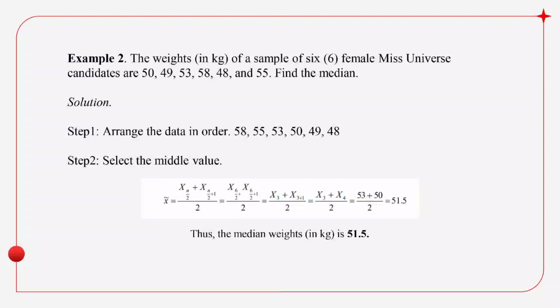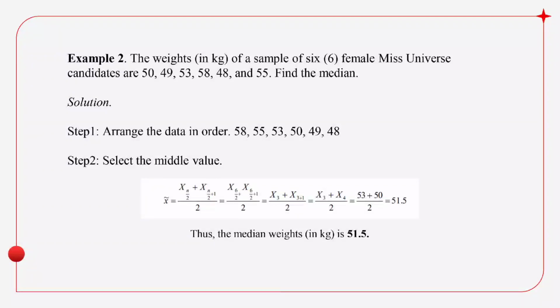Using the statistic for finding the sample median, we have the formula x equals x sub n/2 plus x sub (n/2 + 1), all divided by 2. With n equal to 6, 6 divided by 2 is 3, so we have x sub 3 plus x sub 3 plus 1, which is x sub 4, divided by 2.